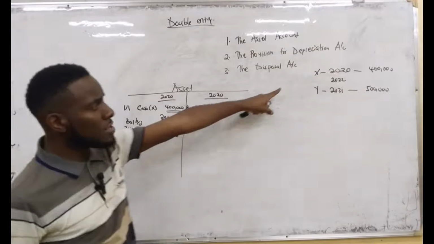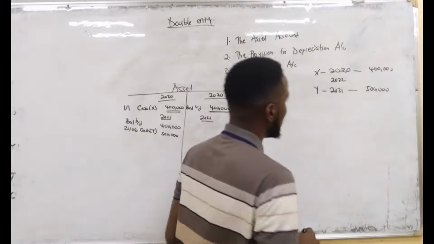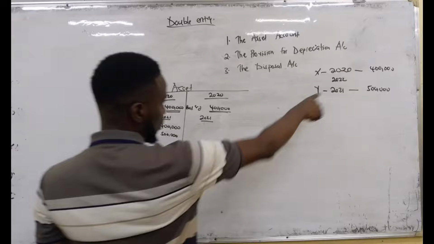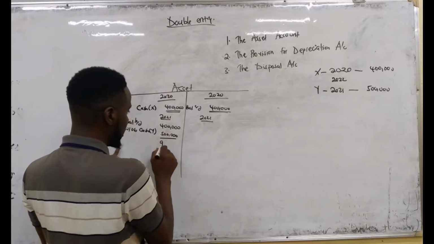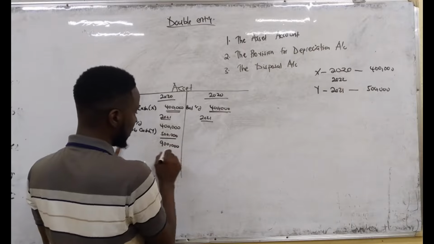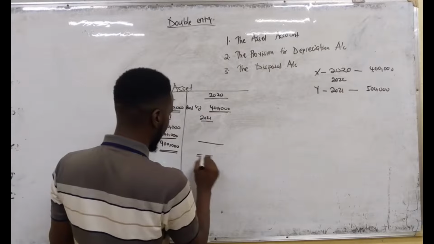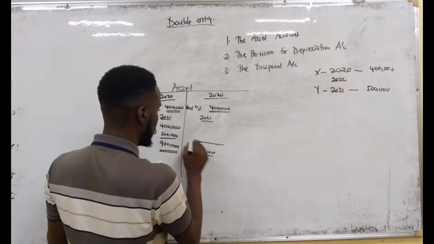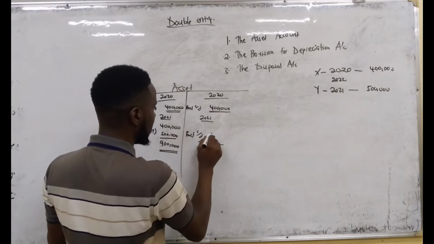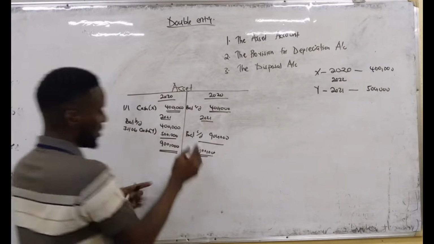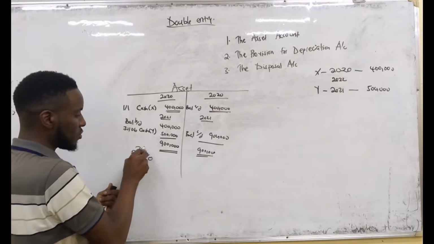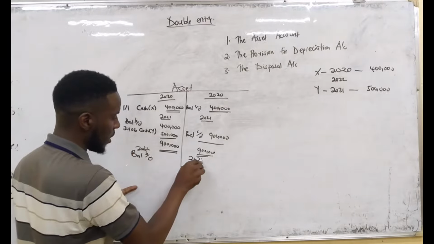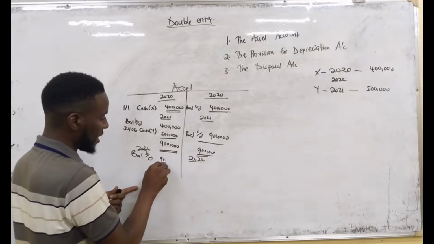Now, they told us that this asset was disposed of in 2022, meaning in 2021 it was still there. So that means your total is 900,000 here, like this. So you have a balance carried down of 900. Now, your balance carried down becomes your balance brought down. Now we're in 2022 here. So you have 900,000.